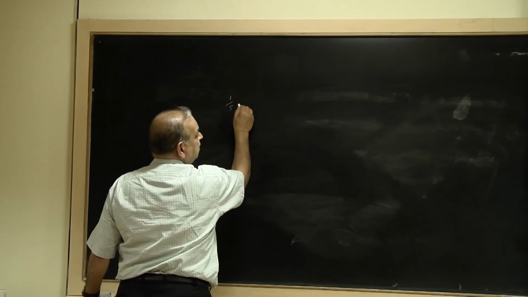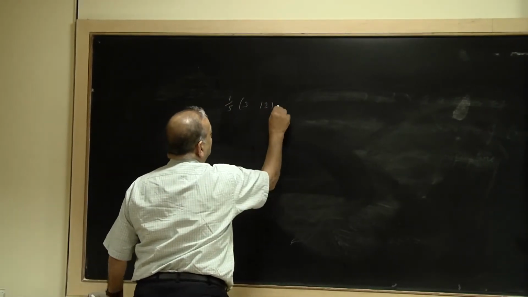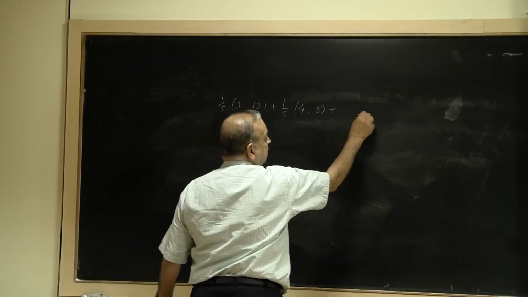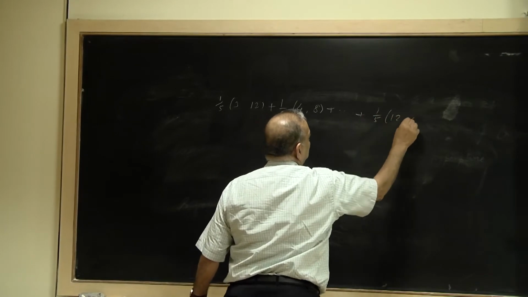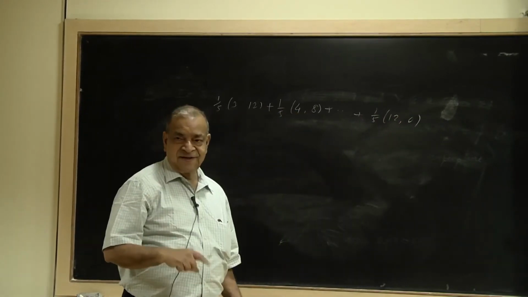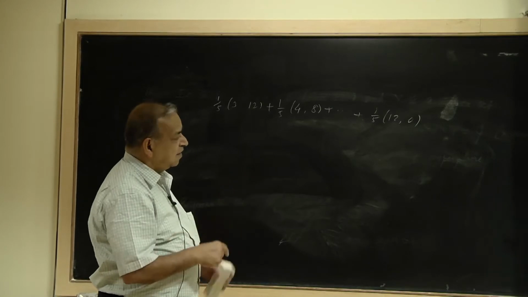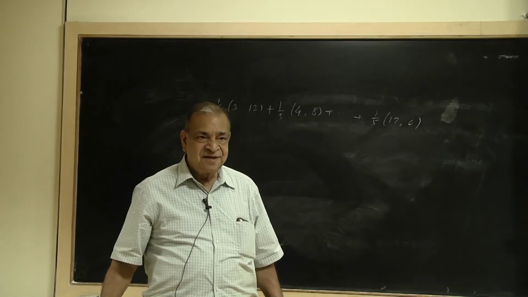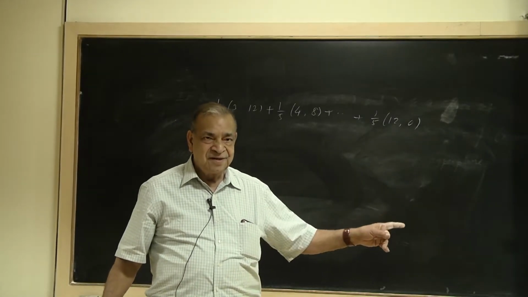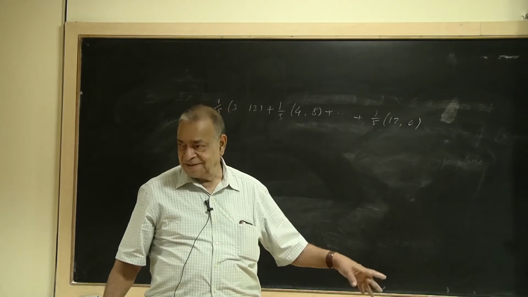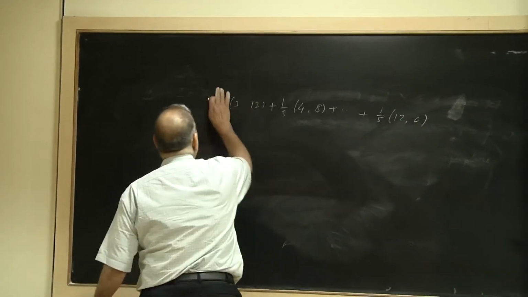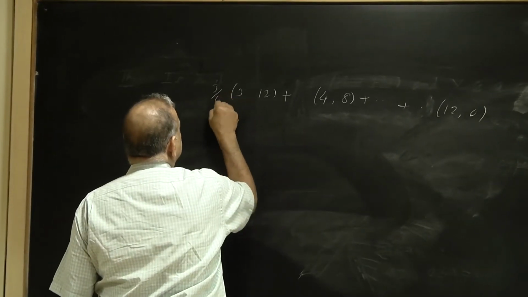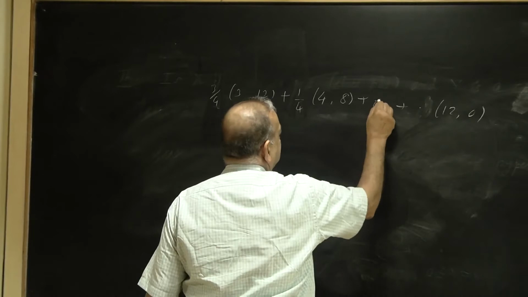Say 1/5 times (3, 12) plus 1/5 times (4, 8) plus 1/5 times (12, 0) and so on. If you take that, the point will be inside this red area. Do you agree? You have to visualize that. So instead of 1/5 you could have taken anything. Suppose you could have taken 3/4 of this plus 1/4 of this plus the rest are 0.